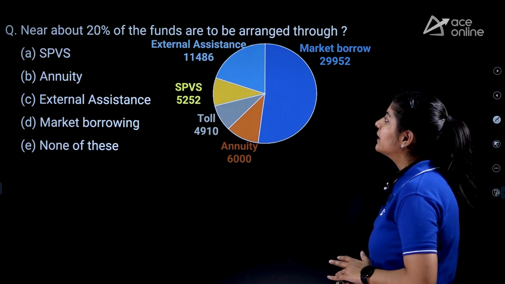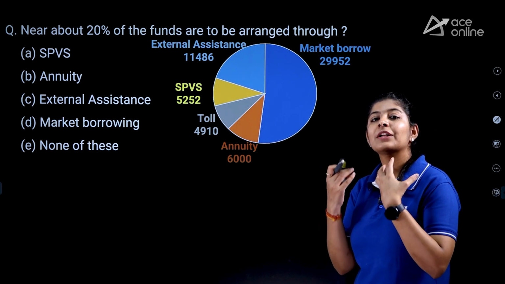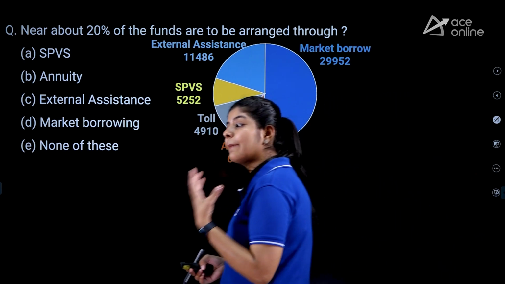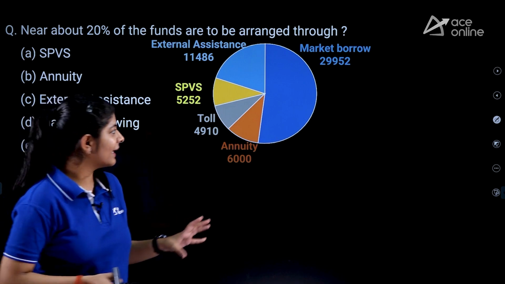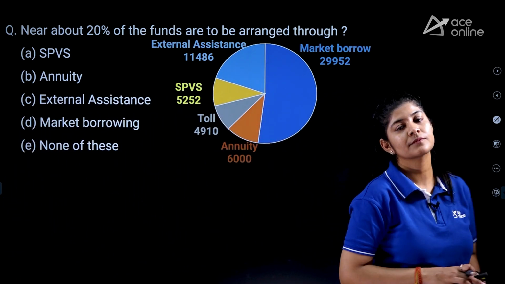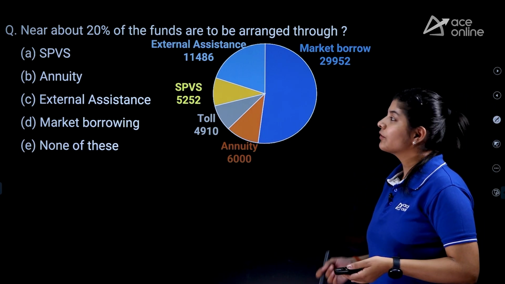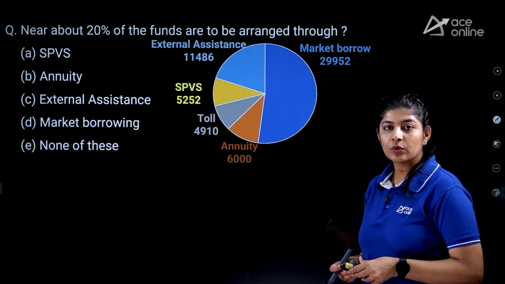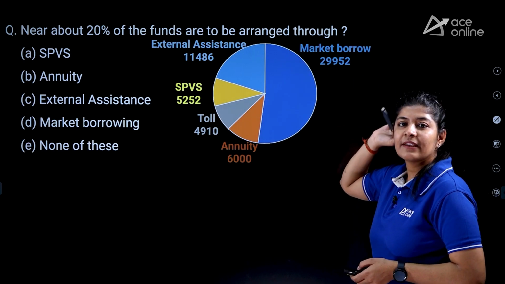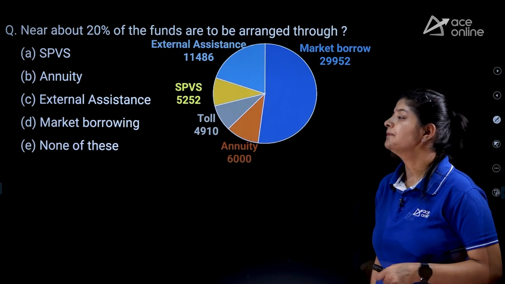For that, first you have to calculate the total amount of funds you are getting. After that only can you determine 20% of the total funds, and check whether this one or that one is giving 20%.